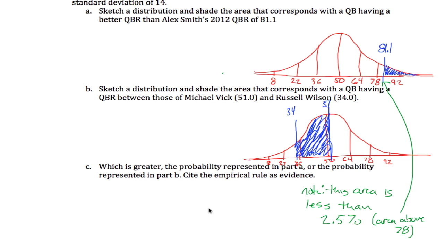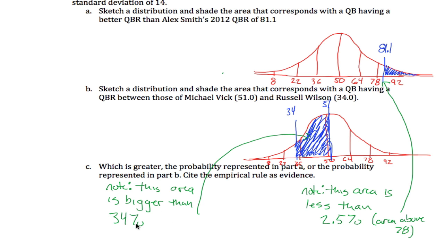Okay, what about this guy over here? Note, this area is bigger than 34%. Why is this bigger than 34%? Because the empirical rule tells us that 68% of the data lies within one standard deviation of the mean.